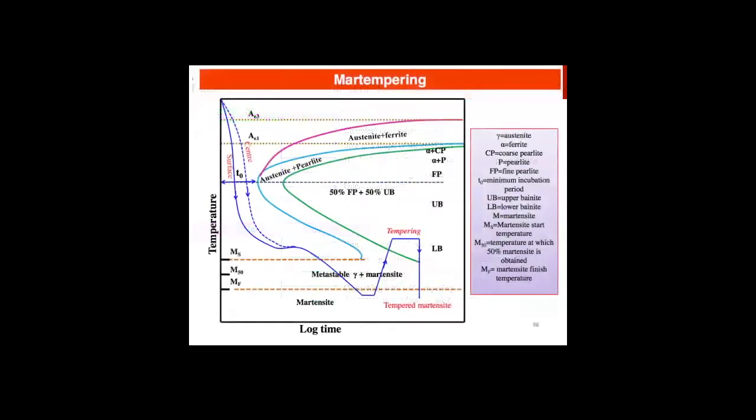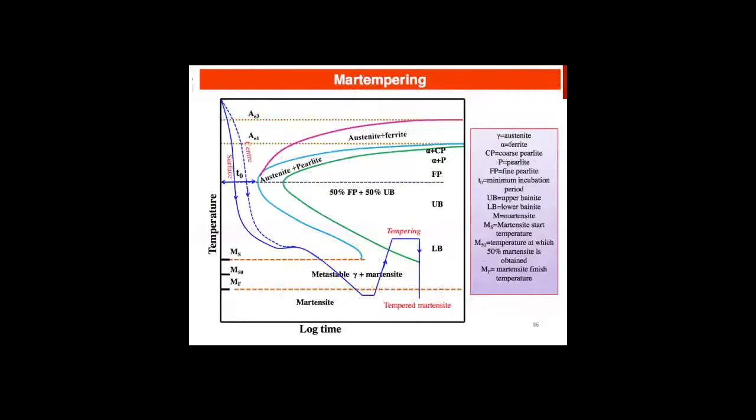role. Normally, what we think of is what's called martempering, right? A way of trying to get as uniform a structure as possible is you cool down and try to miss the nose, hold it above the martensite start temperature until the temperature within your part becomes uniform, so you don't have a big gradient between your surface and your interior.